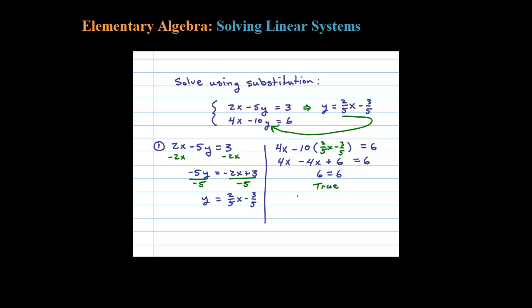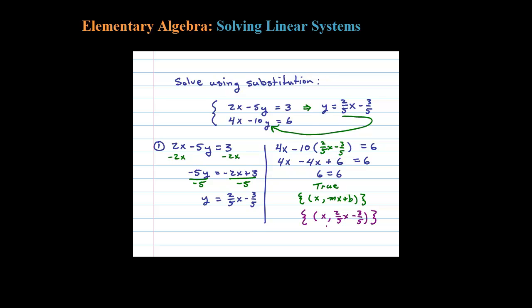And we know when we have this dependent system, the infinitely many answers can be written in set notation, x comma y, but instead of y we put mx plus b. Okay, so in our case, the set of all solutions here, x comma our particular mx plus b, is 2/5 x minus 3/5.